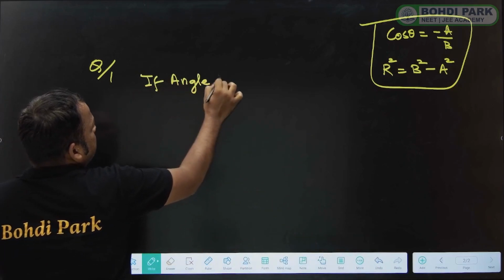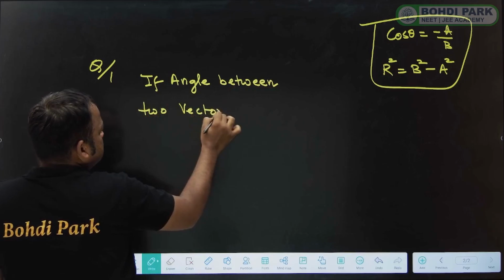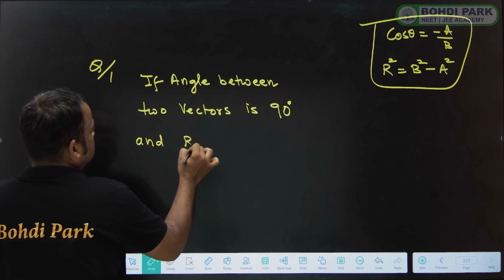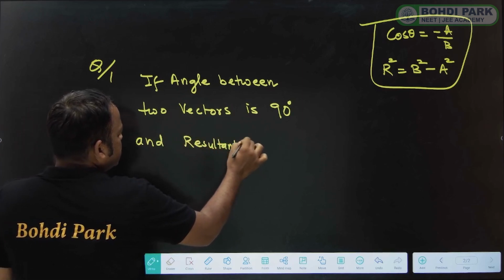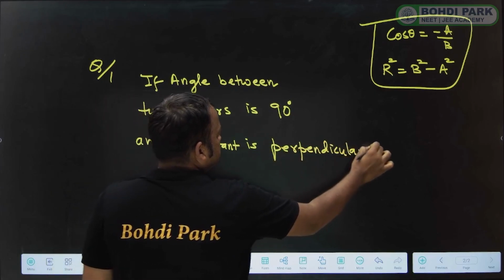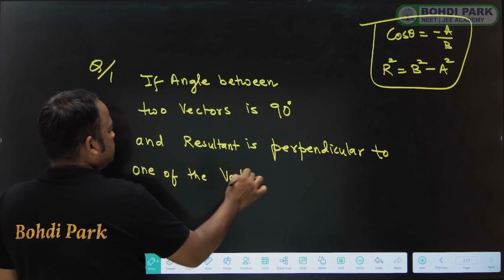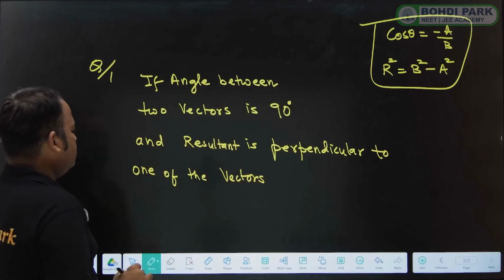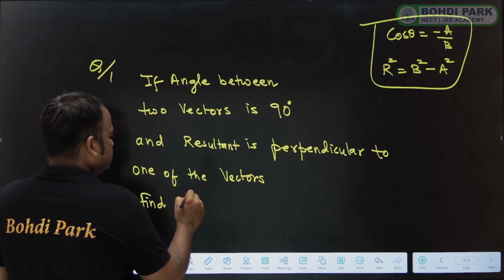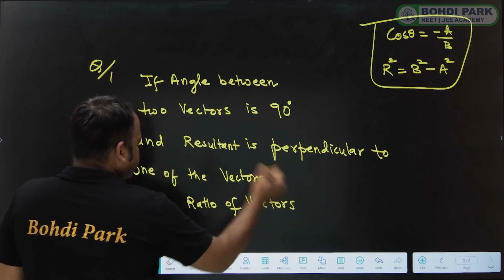If angle between two vectors is 90 degree and resultant is perpendicular to one of the vectors, find ratio of vectors.